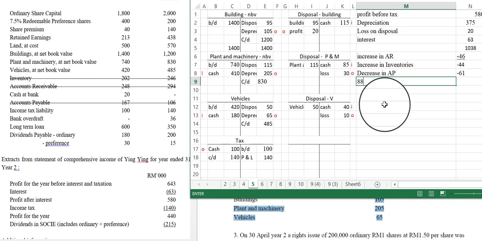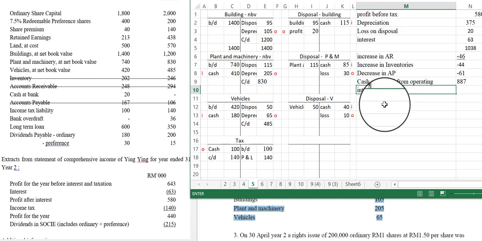Okay, so the total cash flow you have is 887. This is your cash generated from operating. Now after this you should have basically two items: one is tax, one is interest.